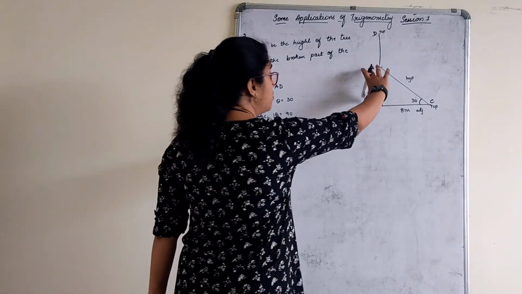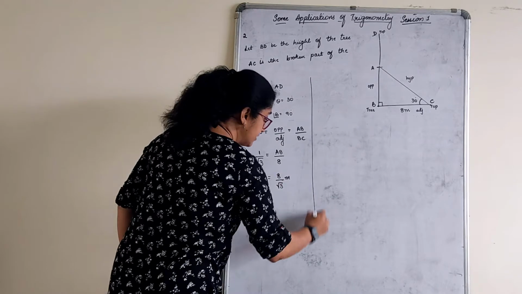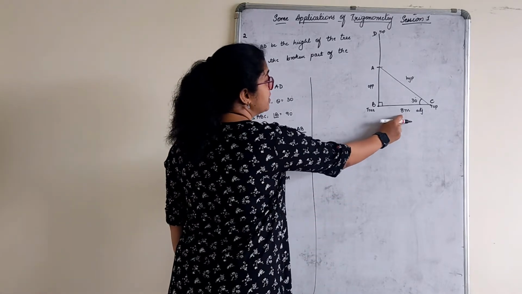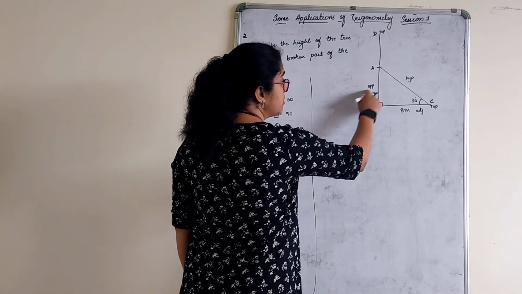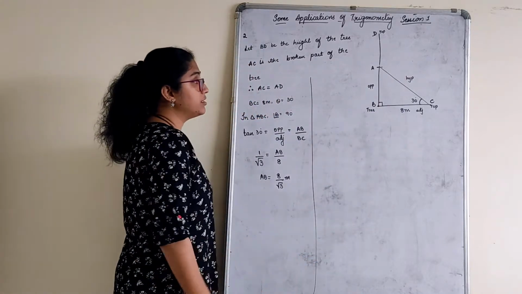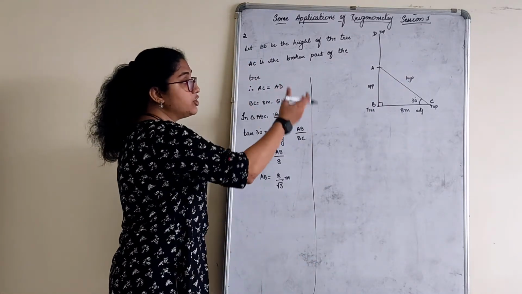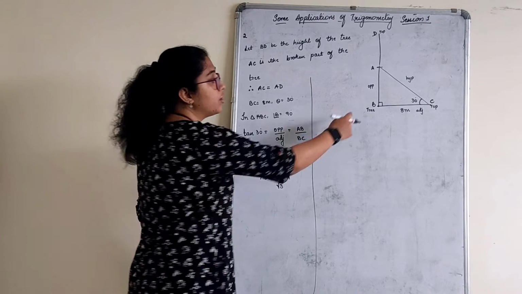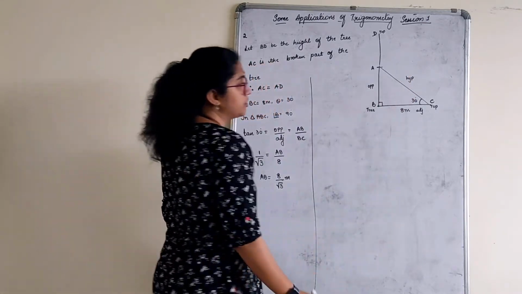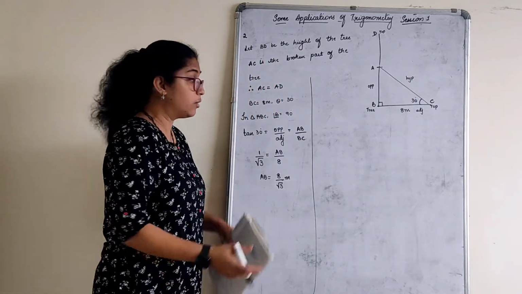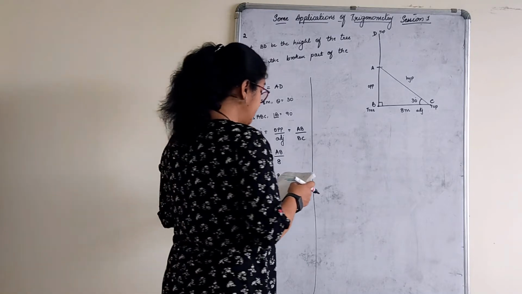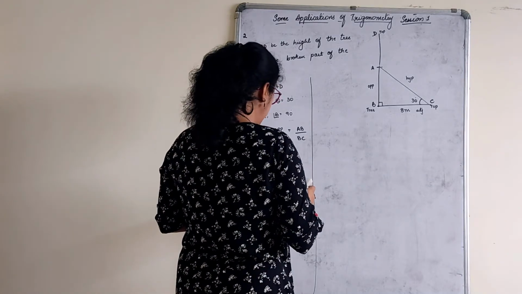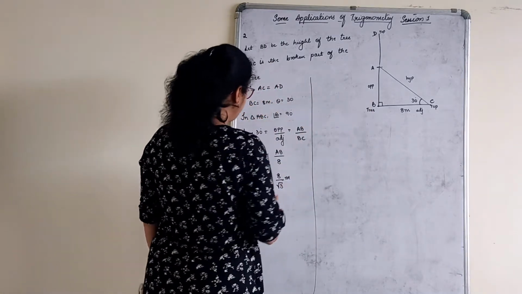We found out AB now. Now I know adjacent. Now I know opposite. I want to find hypotenuse. So what will give me adjacent by hypotenuse, or what will give me opposite by hypotenuse? It is up to you. You can find out anything. So which trigonometric ratio do you want to use? Again in the same triangle only.